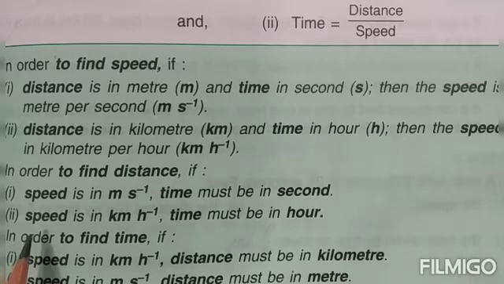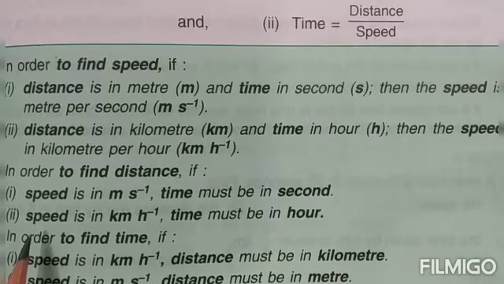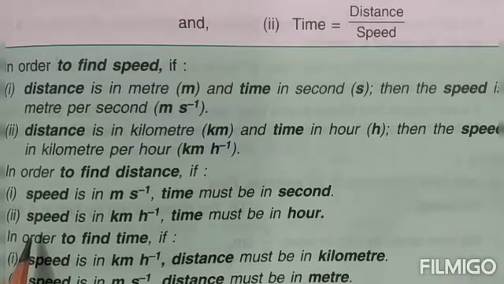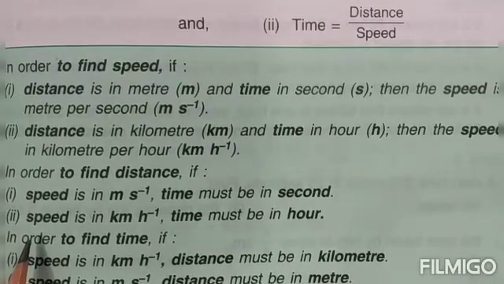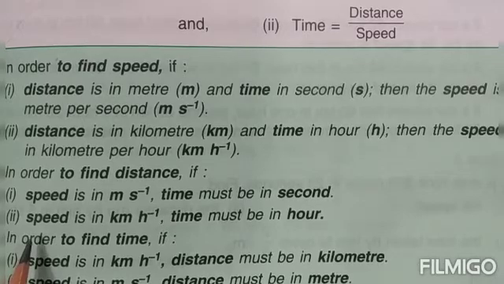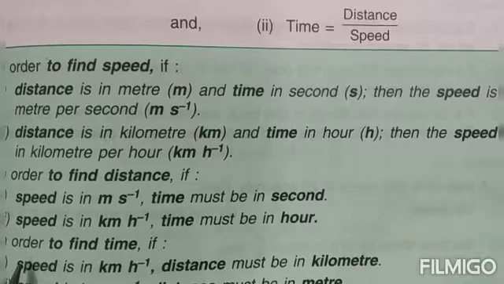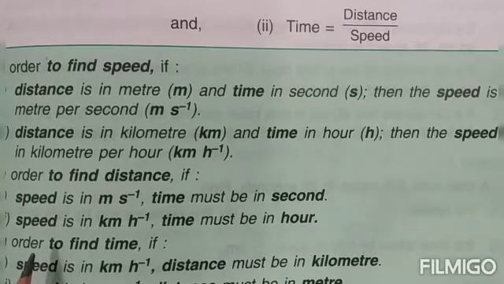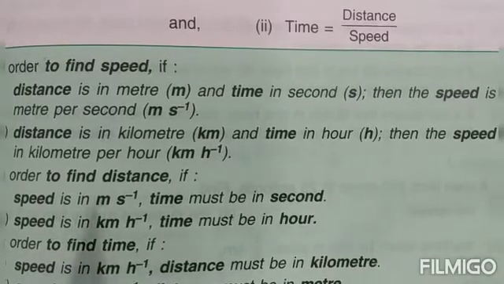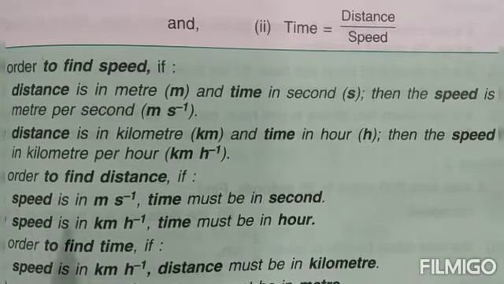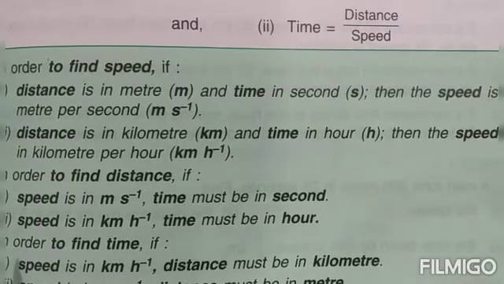But then we have to be sure that the distance is given in meters and the time is given in seconds. So either we can calculate our speed in kilometers per hour or in meters per second. So whenever you are doing the question, make sure that you check the units of both the quantities that are given, of distance, time, as well as in which units you are going to calculate the speed.